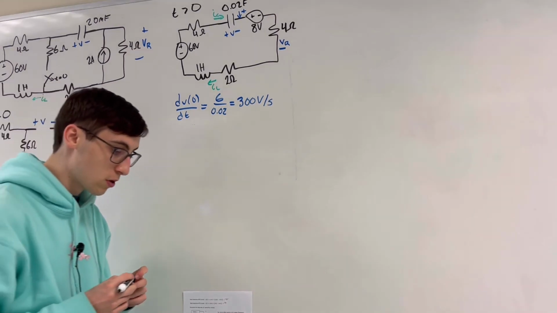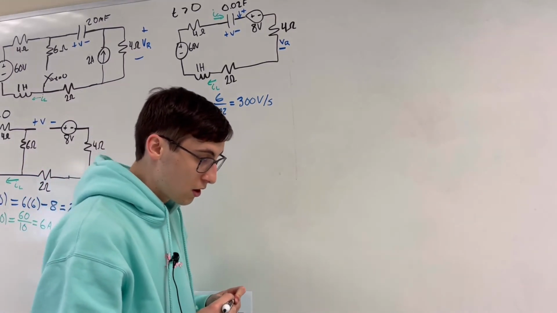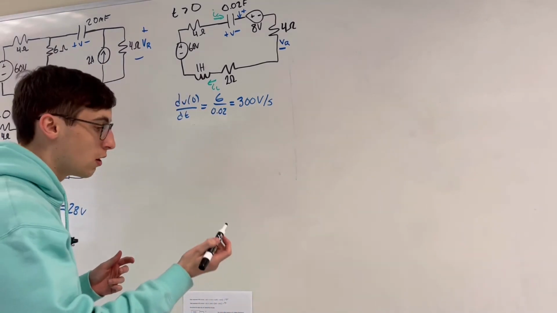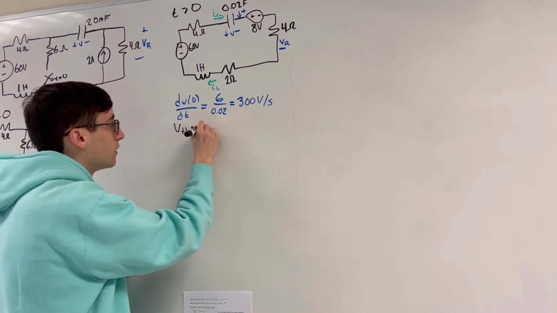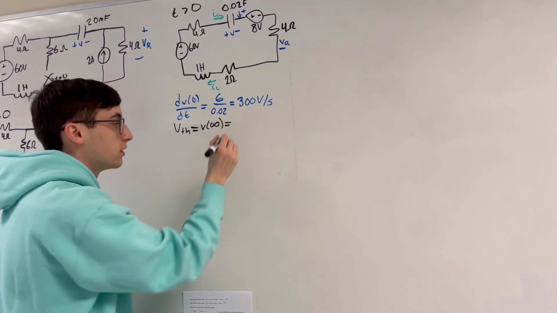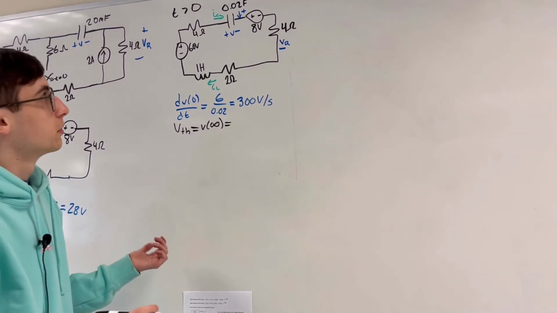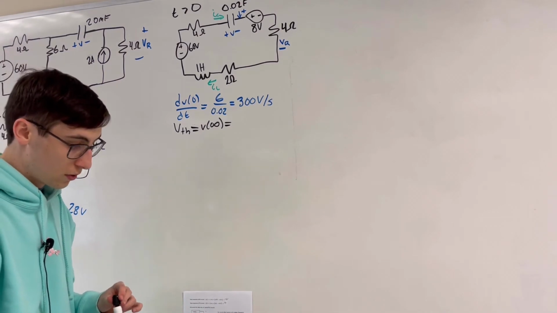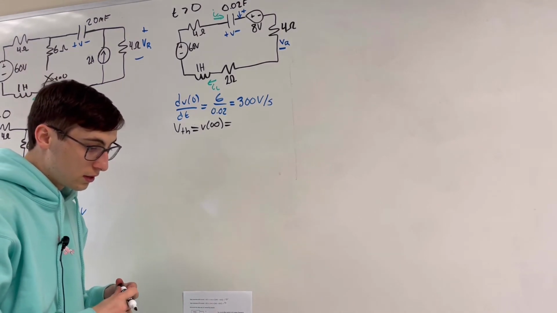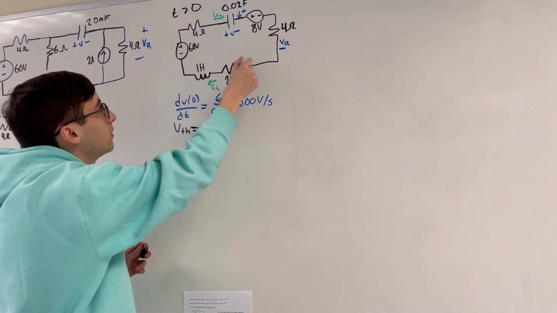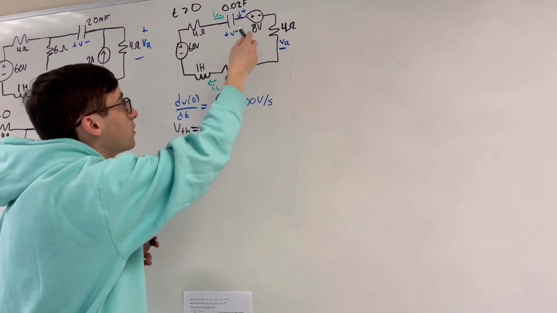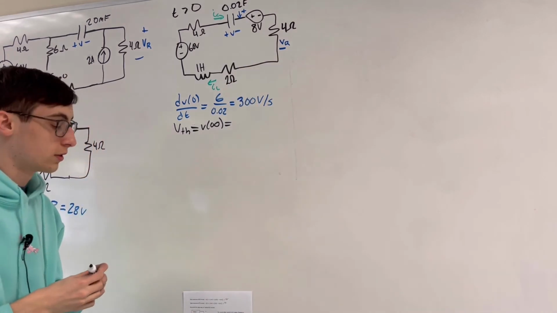Two things before we find our alpha and our omega. So first, we want to find our VTH, or just V infinity. It's just the voltage sources that are left inside of our loop. So you can easily see that we have 60 and then this 8-volt source.